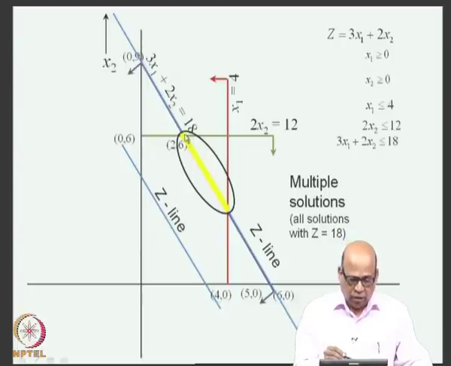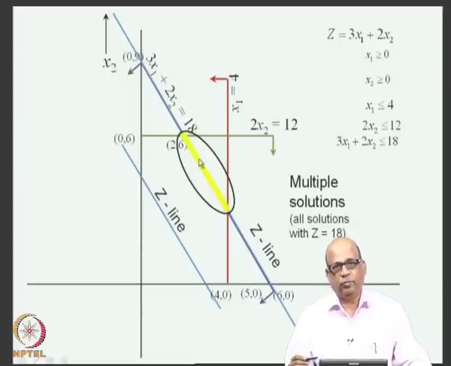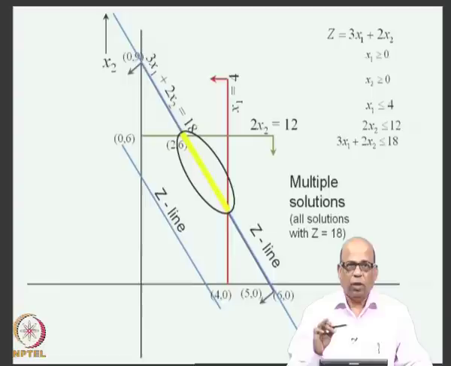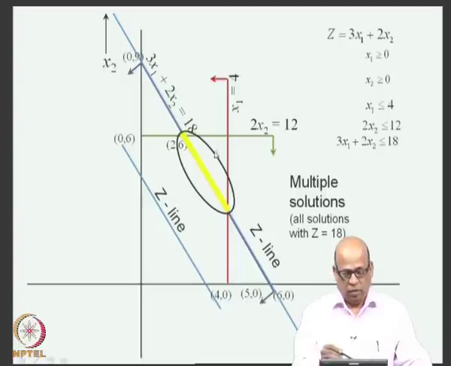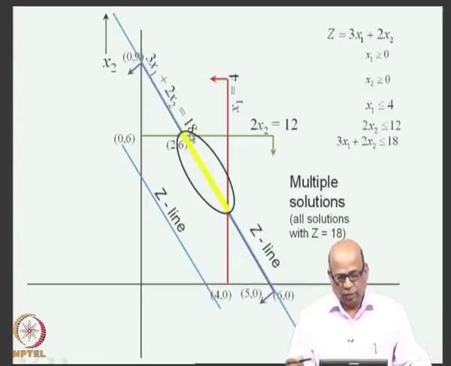And therefore, any point on this line here, this yellow line here, is an optimal solution, which means you do not have one optimal solution, but multiple optimal solutions. In fact, an infinite number of optimal solutions all along this yellow line, each of which leads to the same value of z, which is 18.